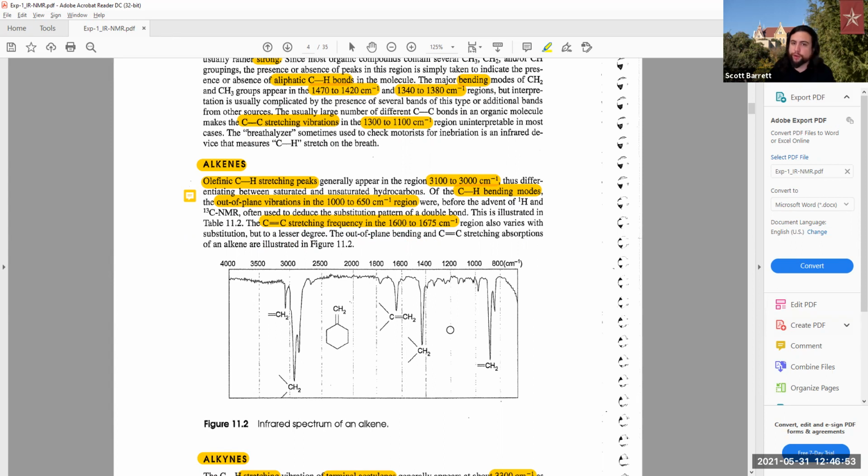So it would be much lower, close to the fingerprint region in this instance. And the stretching peaks will always be higher. There's a little bit of stretching here in the 1,600 region, but mostly the stretches that we see that are very high energy, you'll see them close to the 3,000 region.